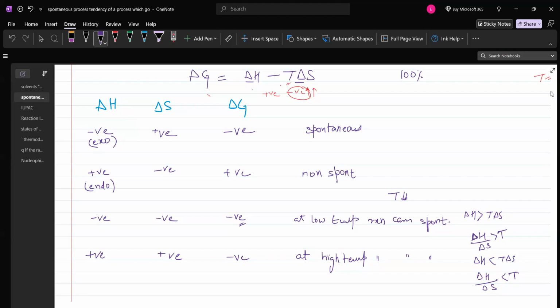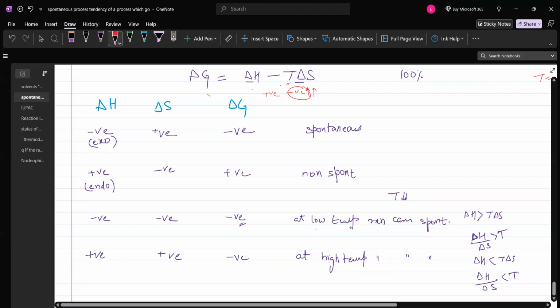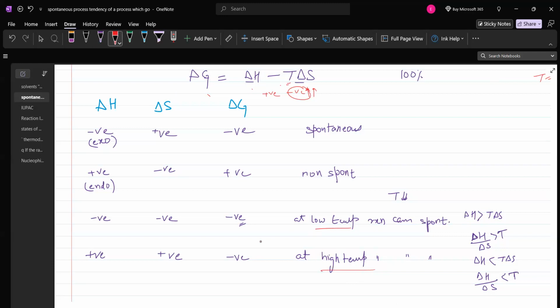So they are dependent on temperature. We have seen that spontaneity is dependent on it, but we cannot confirm with respect to delta H or delta S alone whether a reaction will happen or not.